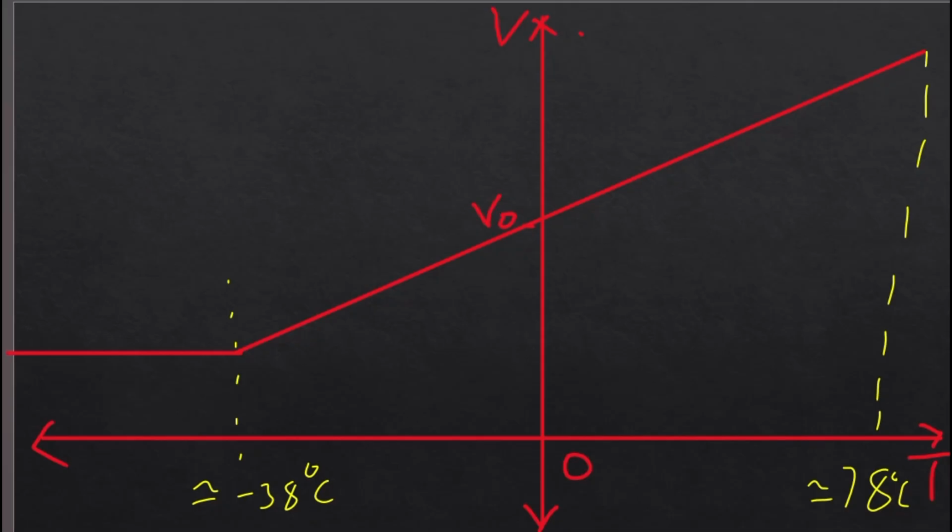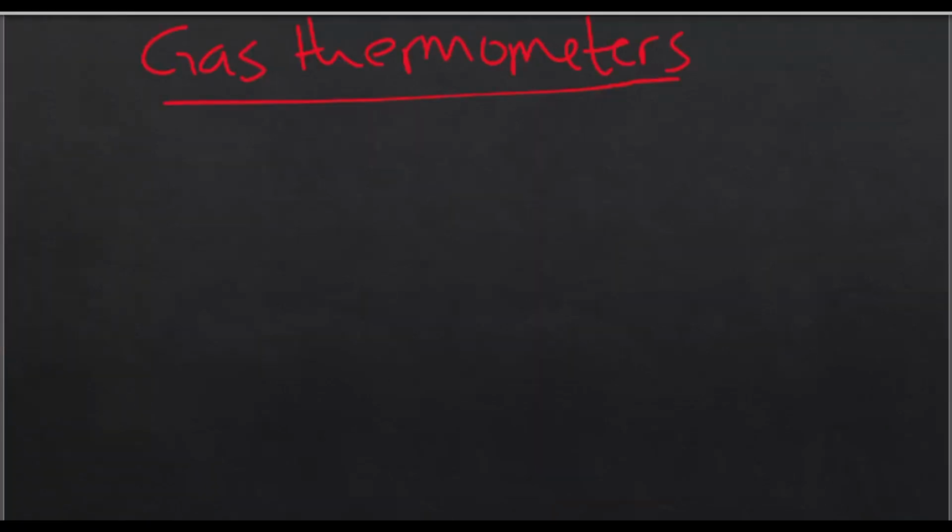We move to another contender for thermometers, and gases are the best at this. They are good at what they do, and they do better than all the others we have mentioned so far. So why are gases good? Gases are good because they behave linearly with changing temperature over a long range.